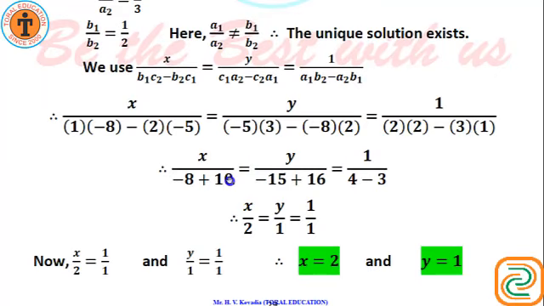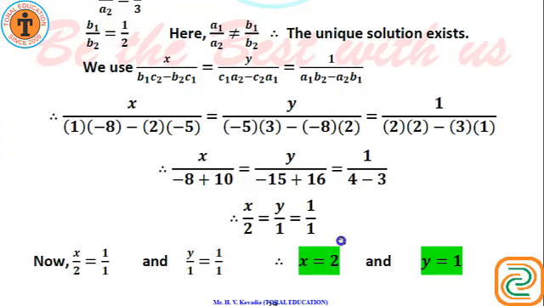So 10 minus 8, that is x upon 2, 16 minus 15, that is 1, and 4 minus 3, that is 1. So here x upon 2 equals 1 upon 1 and y upon 1 equals 1 upon 1.